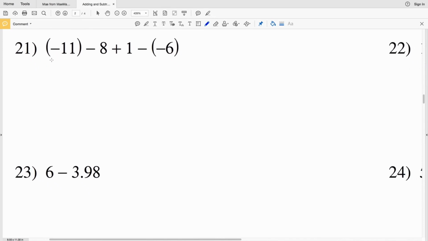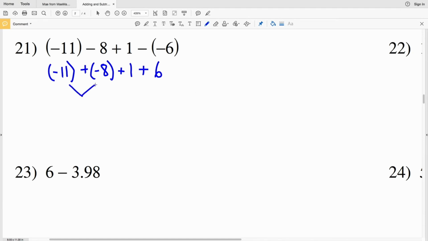For 21, we have negative 11 minus 8, plus 1 minus a negative 6. So I'm going to rewrite this as negative 11 plus a negative 8, since subtracting the positive is the same as adding a negative, plus 1 plus a positive 6, since subtracting a negative is the same as adding a positive.